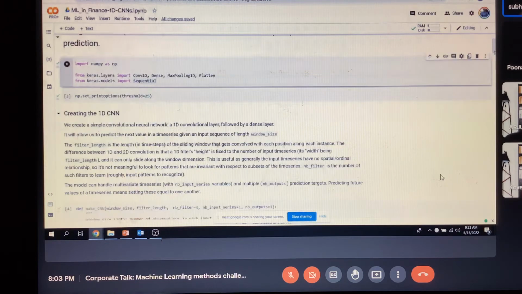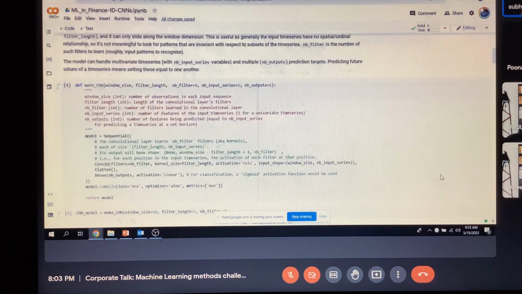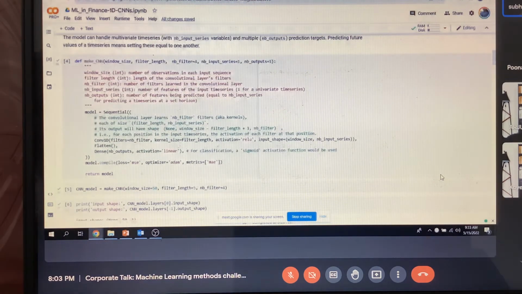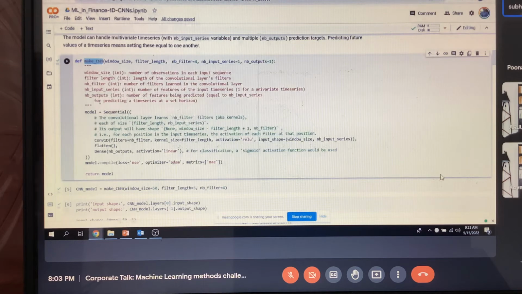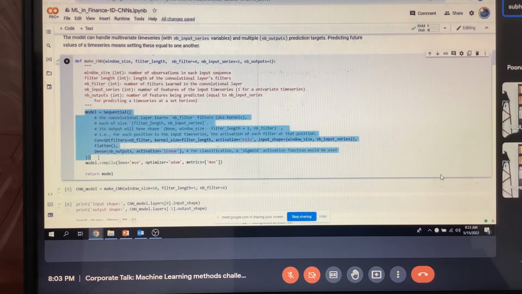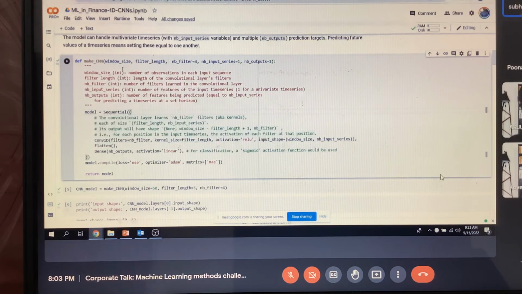This example explains how you make a convolutional neural network. So this is a function. In this function, we build a deep neural network as a sequential model, which we call a convolutional neural network. Now that's another course altogether, but I'll just mention what it can do. This function can take a window size.